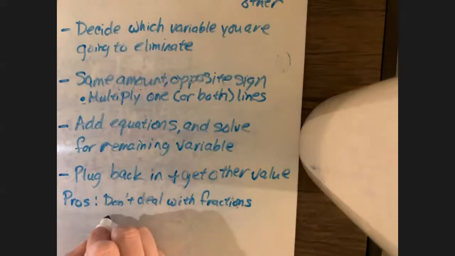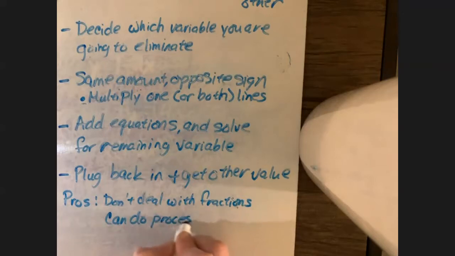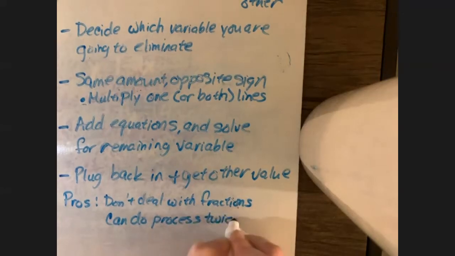Another pro is, let's say we get an answer that is not going to work well to plug back in, like 5/7, and plugging 5/7 in is going to be an absolute nightmare.